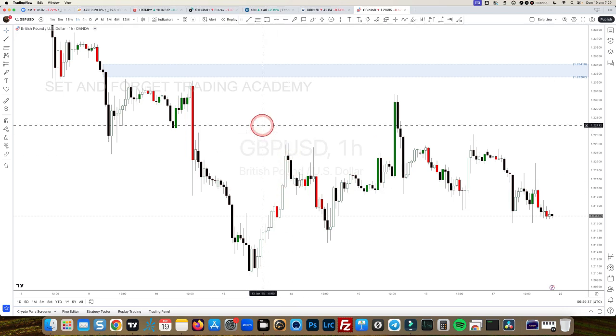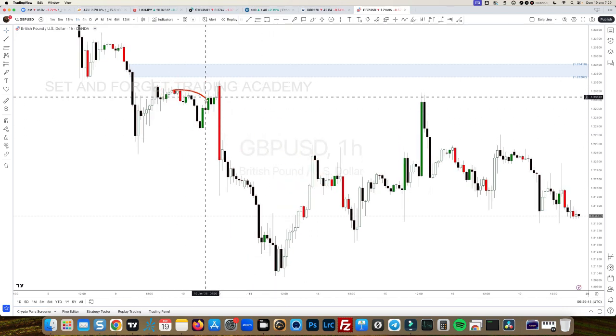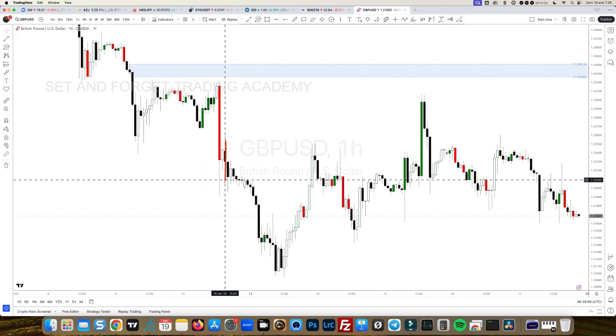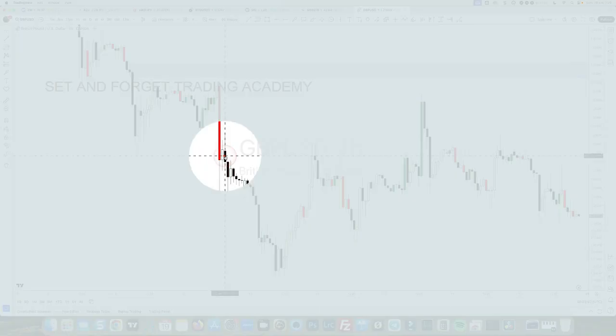So we are talking about CPs. If we continue going down here, we see that we have a large movement, which is the leg in. See, that's the leg in. Then we've got a few small candlesticks over here, and then the large movement away, the leg out.